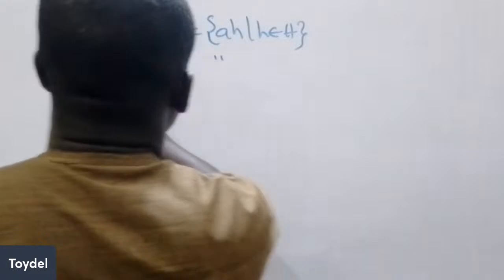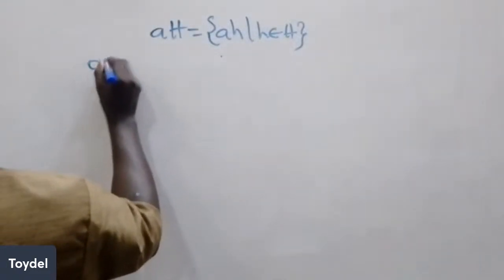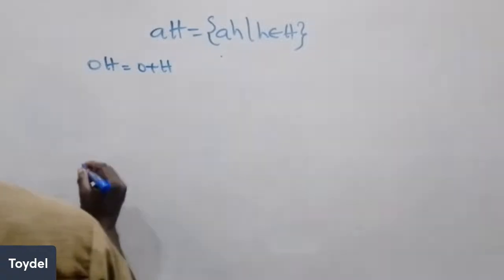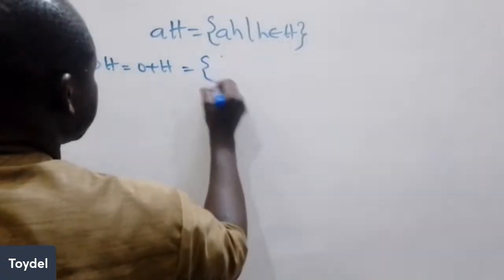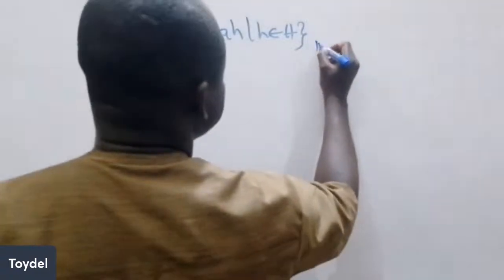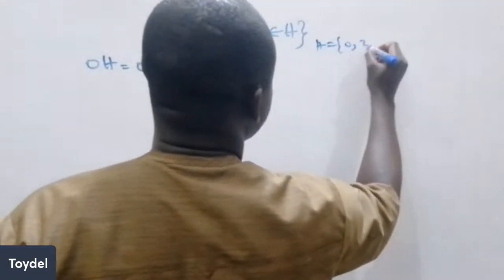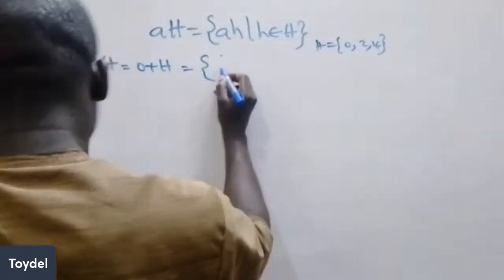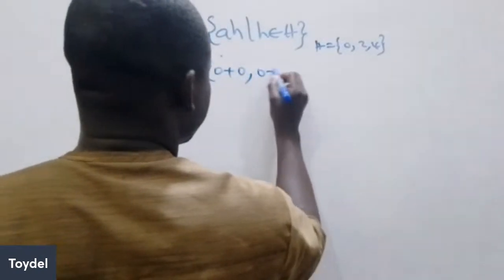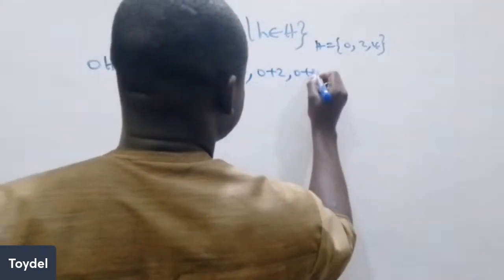So what will this give us? Let me write it neatly here. Under 0H, I'm going to have 0 plus H because it's under addition. H has 3 elements: 0, 2, and 4. So the first one will be 0 plus 0, 0 plus 2, 0 plus 4.